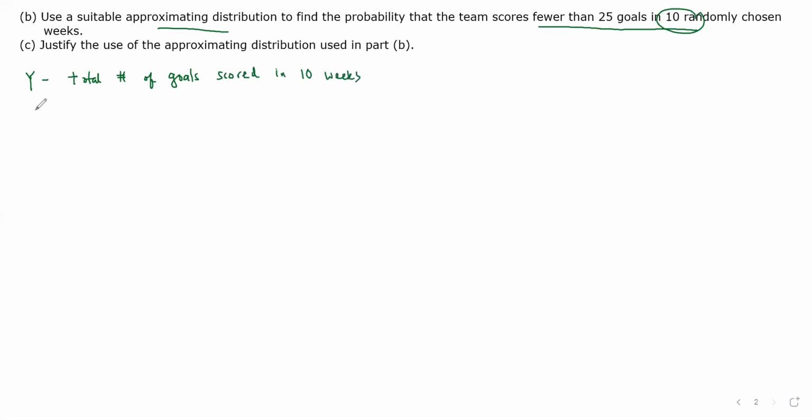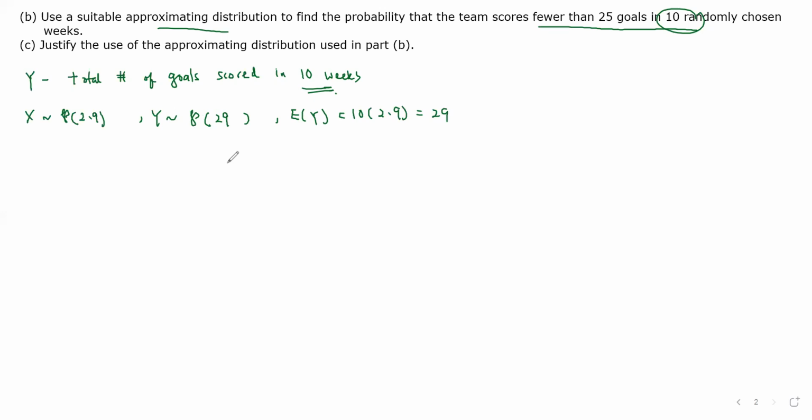Recall that for 1 week, X follows a Poisson distribution with a mean of 2.9. So in 10 weeks, Y follows a Poisson distribution with a mean of 10 times 2.9, which is 29.